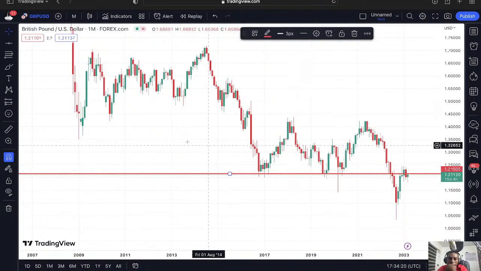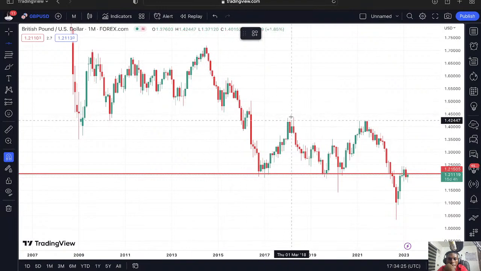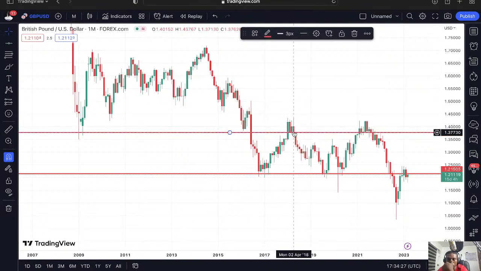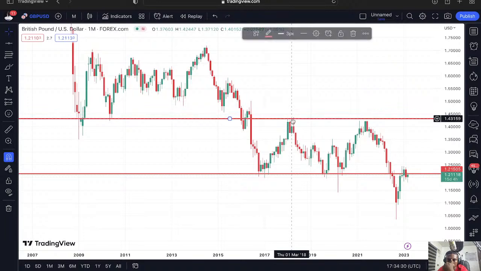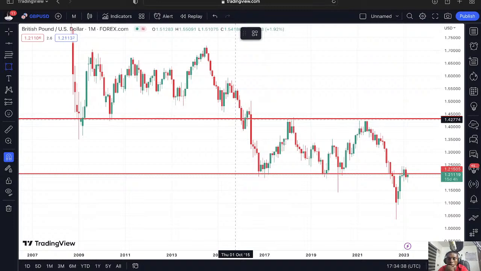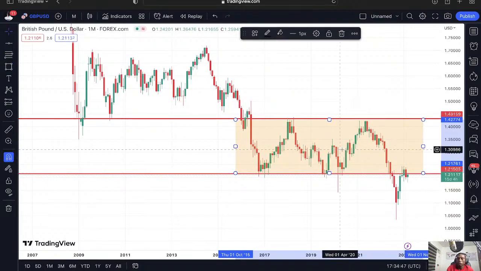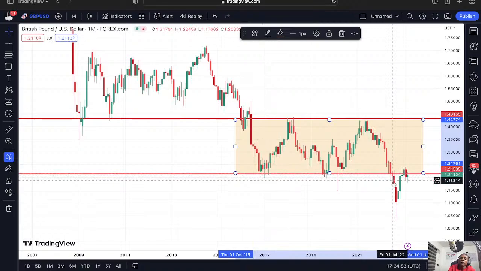So when you come here, good. We can see here that this is a support level, and a breakout had occurred.